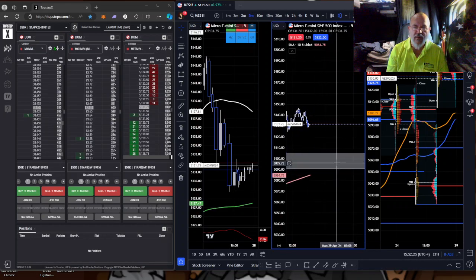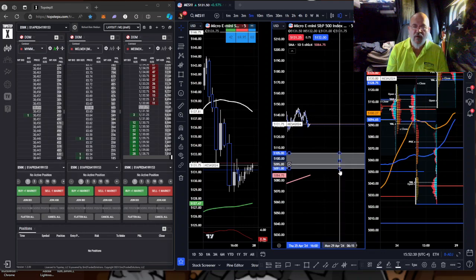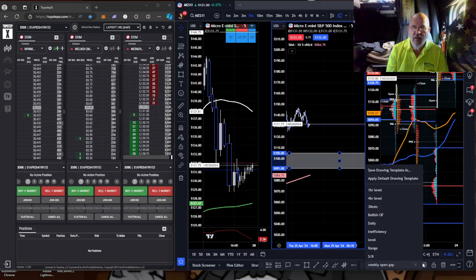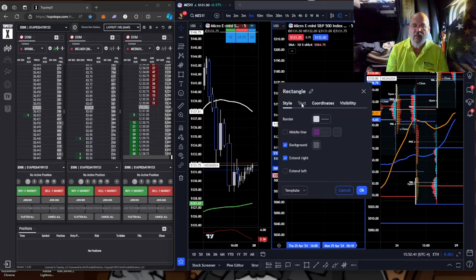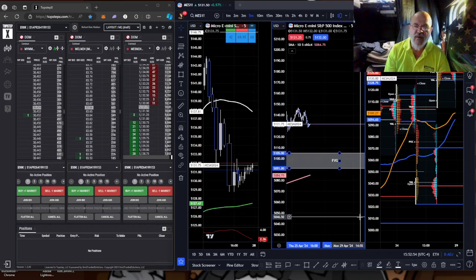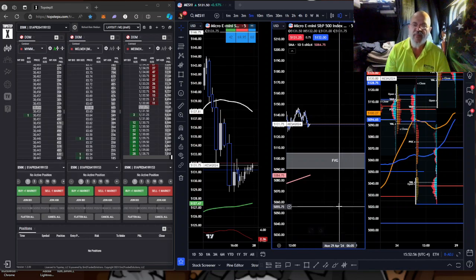That's going to last for a while. All right, and we're going to throw some text on there. Actually, you got to go into settings, and we'll throw some text on there, and we'll just mark fair value gap, which is what it is. Inside right, fair value gap. Okay.